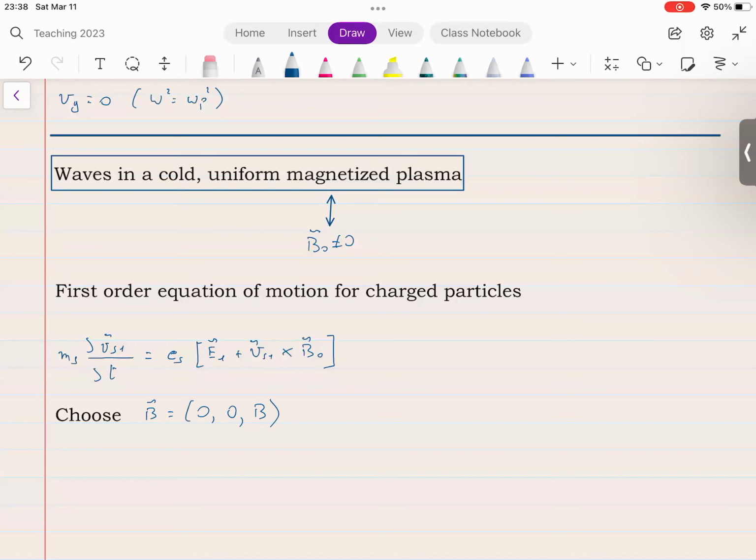Whatever direction the magnetic field is in, I orient it through z. Then you can immediately see the z component of the momentum equation is not going to see the magnetic field, because there is not going to be any component in the z direction of the cross product V cross B.